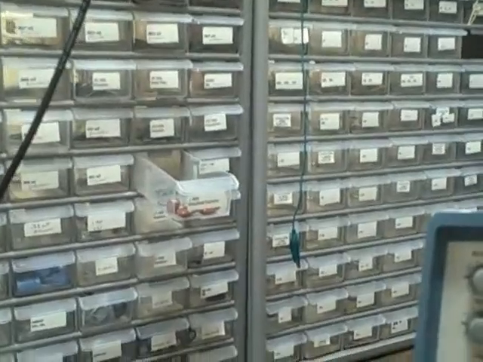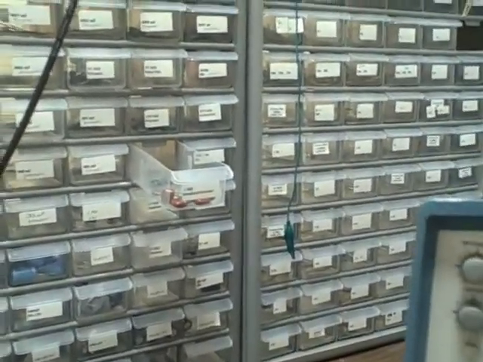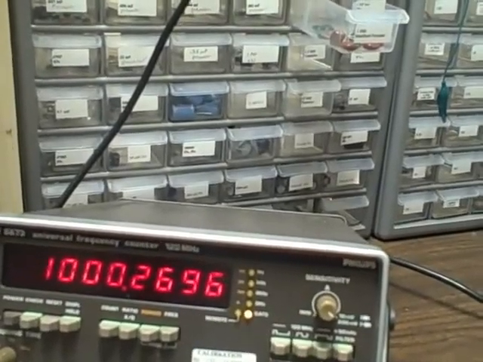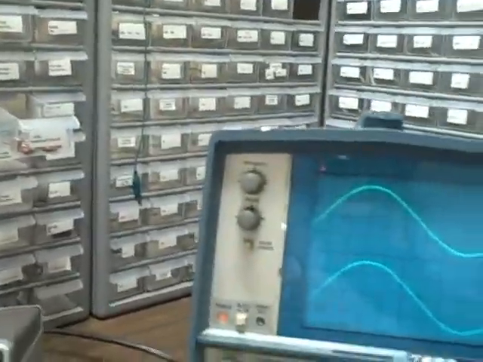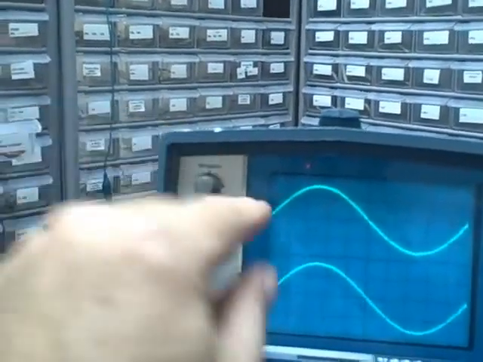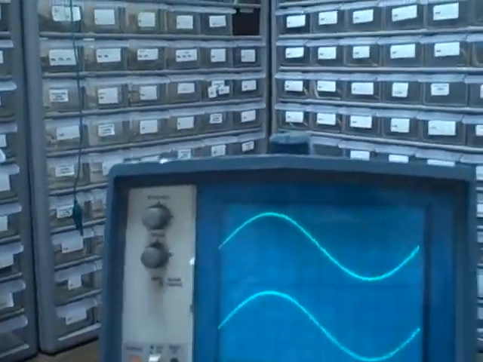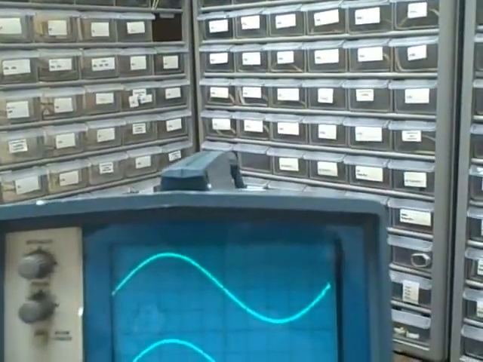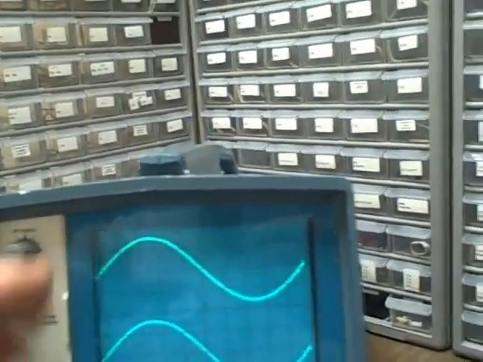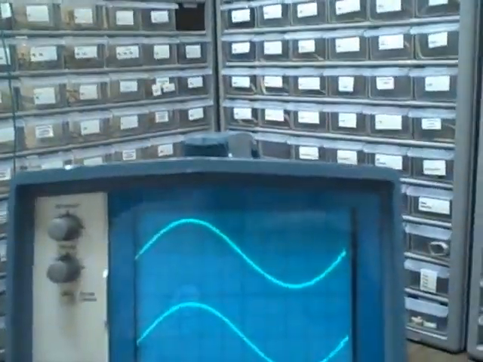We're going to turn ourselves up to 1 megahertz. And there we are. 1 megahertz. 1 cycle in 10 divisions. So there you have it. We've gone from end to end, and we've shown that our time base has been accurate for the sweep across the screen.